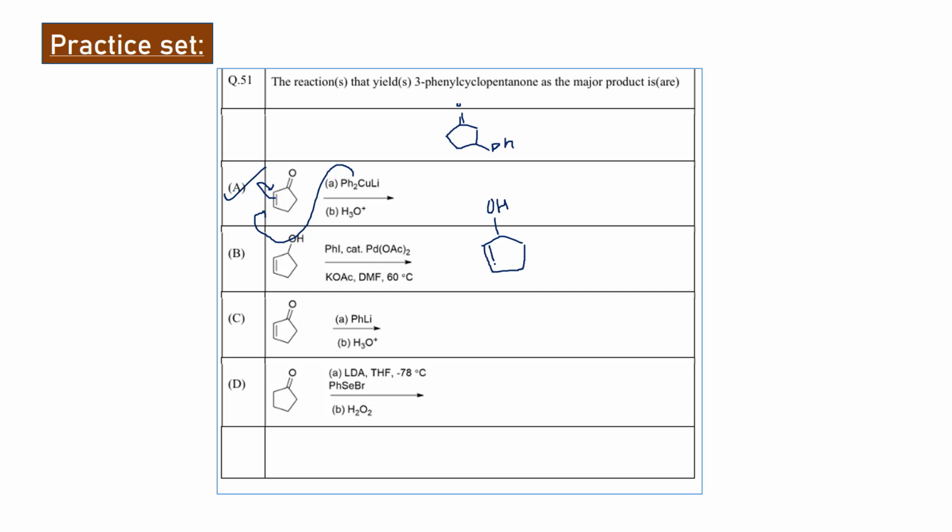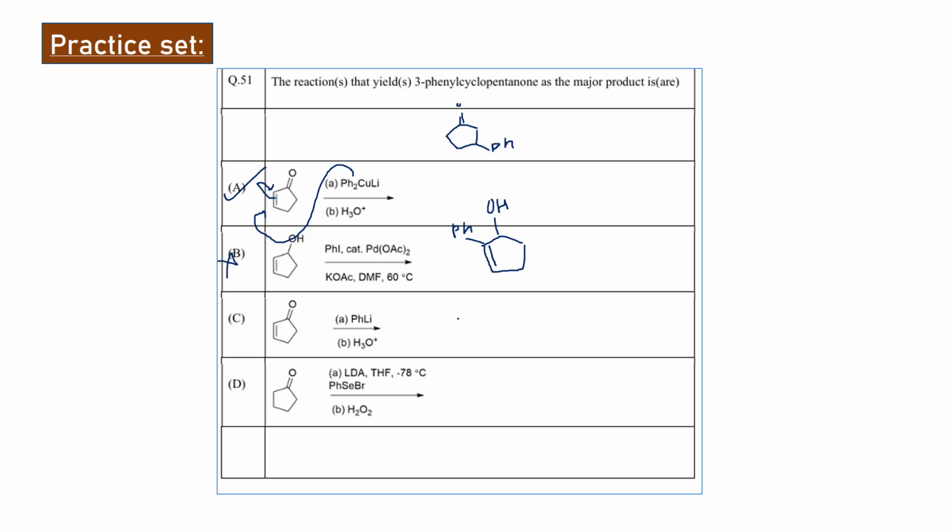But whenever there is an electron donating group like OH, it usually approaches from the alpha position, so this is not possible.